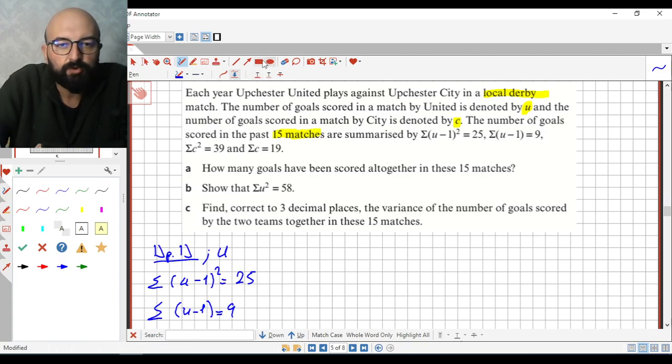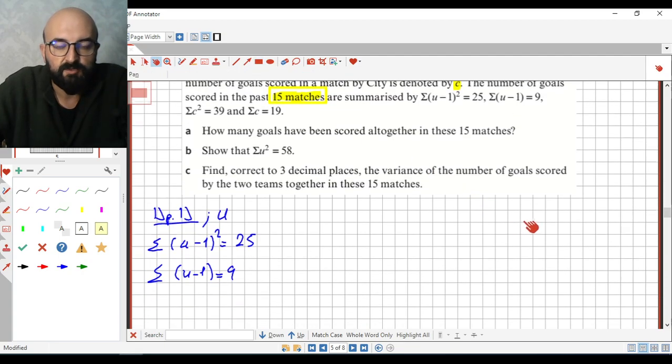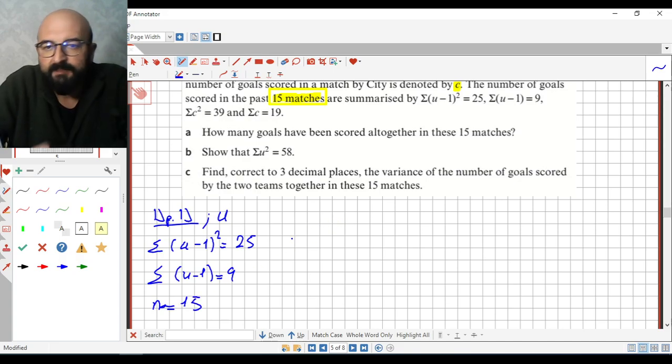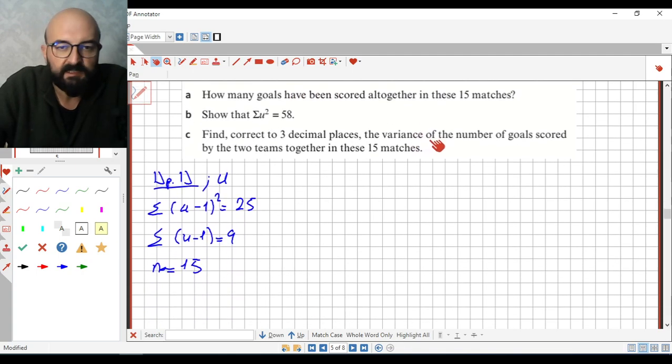And they have made 15 matches against each other together, so n is 15.